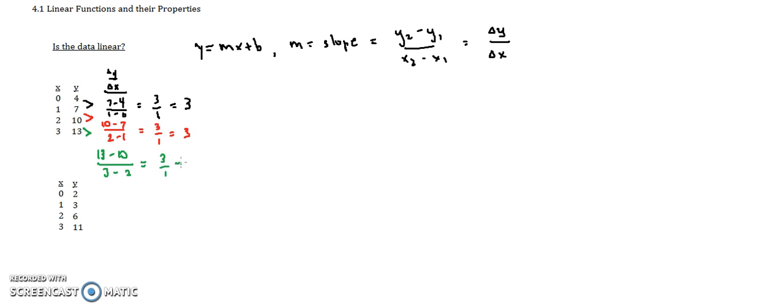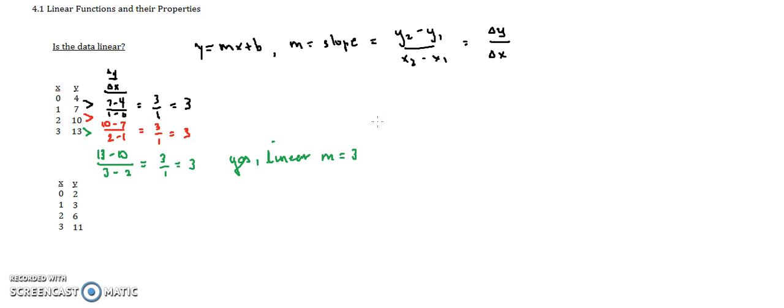And again, I get 3 over 1 is 3. So we can see that these three numbers match. That means our slope matches between all 3 points. And if our slope matches, if all of these numbers match, then we can say yes, this is linear. And we know that the slope is equal to 3.